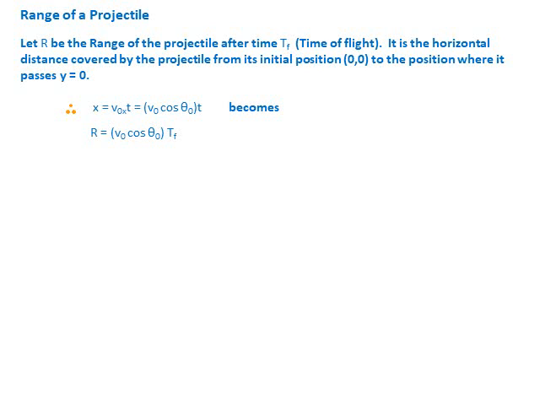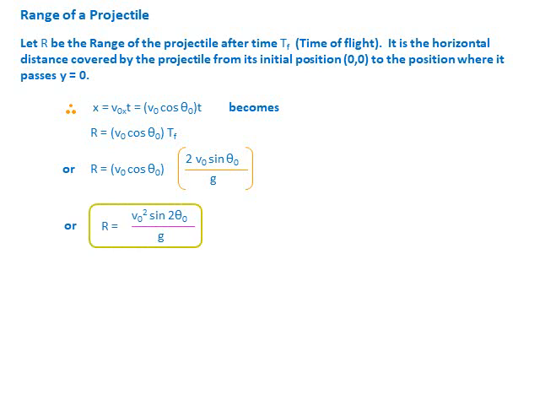The range R equals V naught cos theta naught into Tf, because now we are finding the range, at the end point the total time becomes Tf. So by replacing small t by Tf, R equals V naught cos theta naught into twice V naught sine theta naught upon g, or simply R equals V naught square sine 2 theta naught upon g.